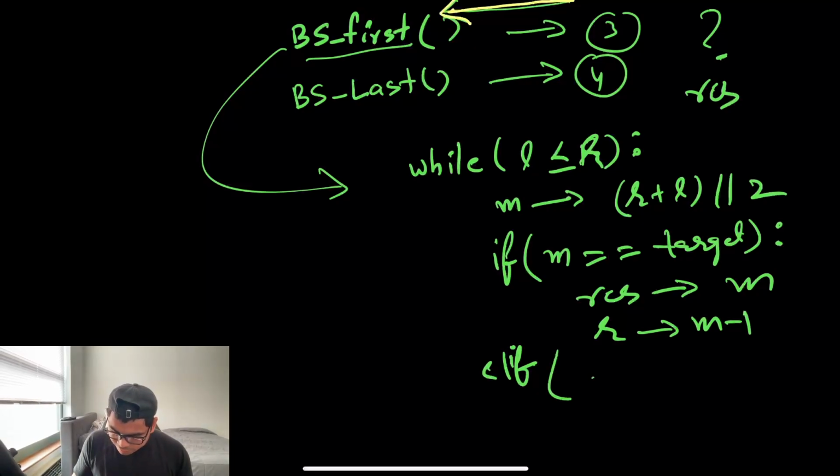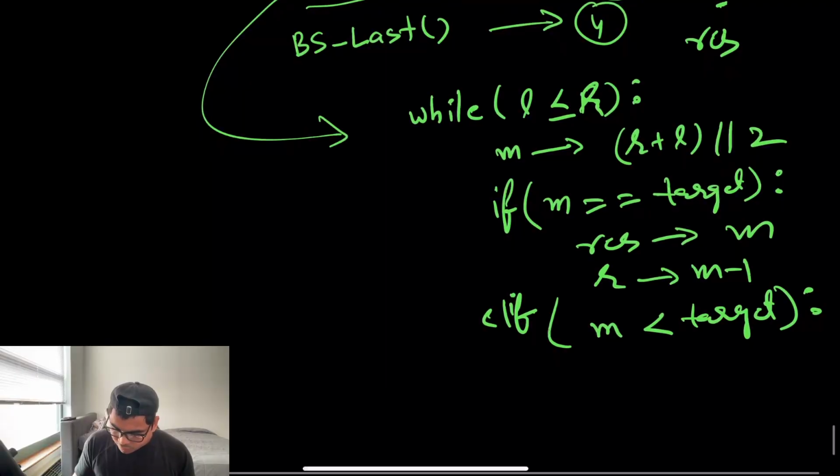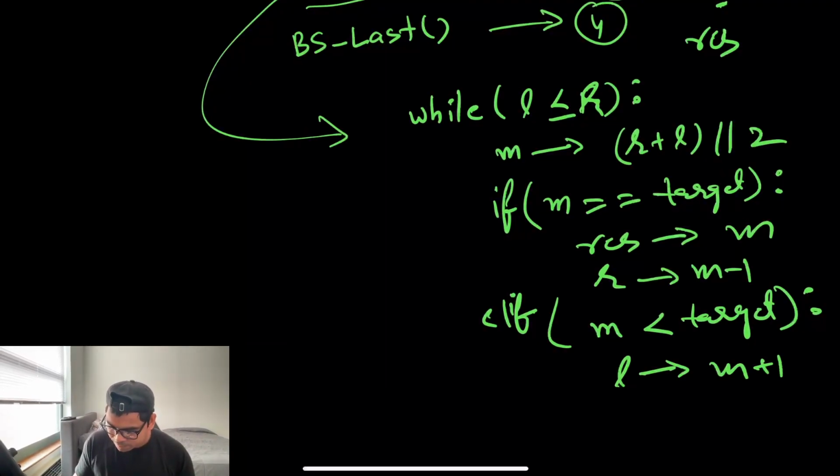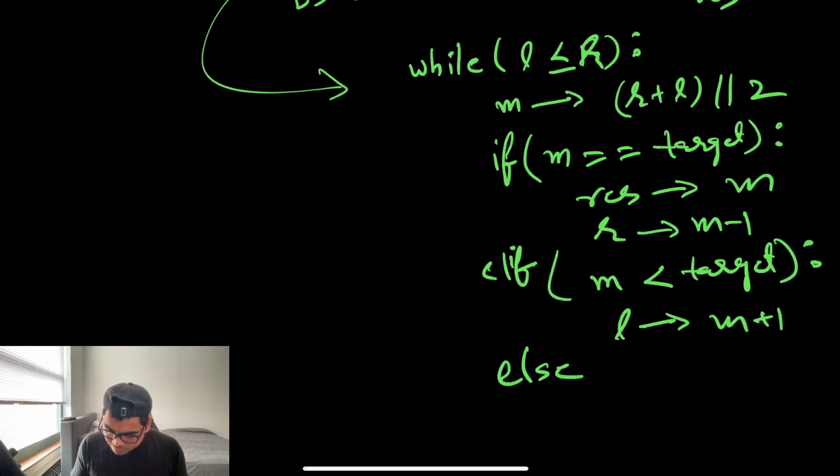Then I'll have another elif case, which will be if the middle element is smaller than my target, that means I need to go to the right side of the array to look for it. So I'll move my left pointer to mid plus 1. And there is one more case: m is greater than the target.